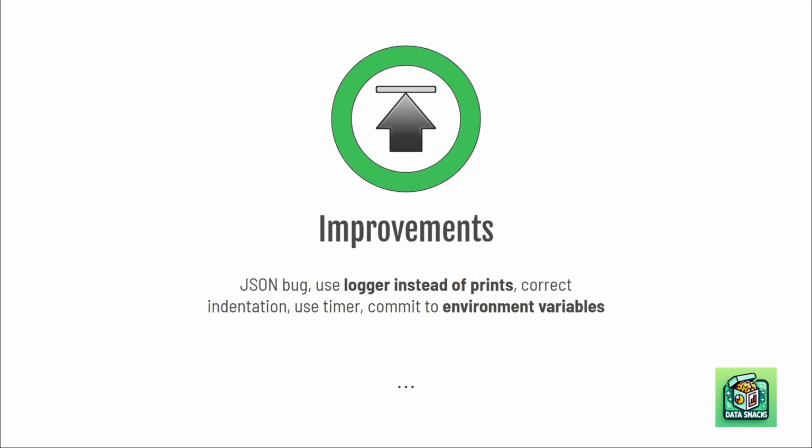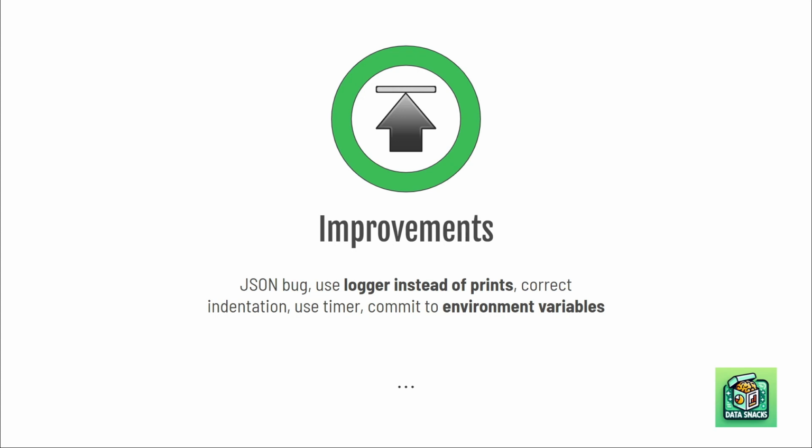We move to improvements. We have a few things to improve our development. The first thing is related to bugs. We deal with bugs and we need to fix them. We need to use a logger instead of print, use the correct indentation, use a timer, and take action with environment variables.